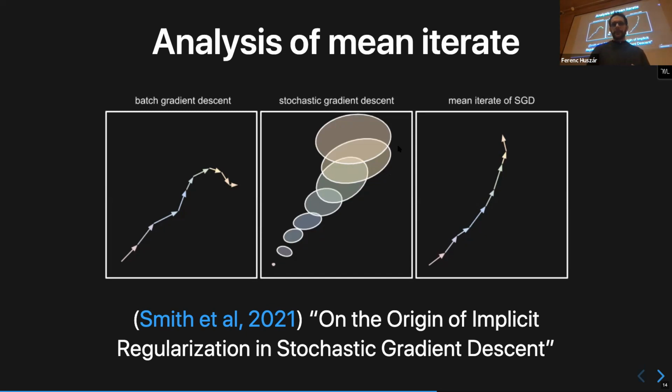So one simplification that they made in this paper is, let's just look at the mean of all the possible places that I can end up after, say, 10 iterations. Where is the expected location that I end up after 10 iterations? That again becomes a deterministic thing that I can now calculate and compare to the deterministic gradient descent. So this is roughly the analysis technique that they use.